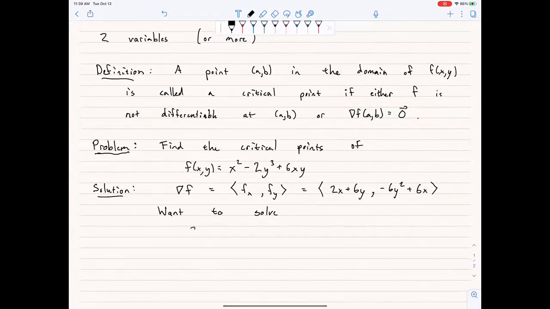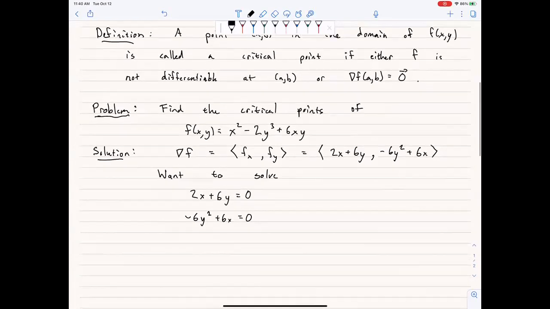So we need to solve 2 equations simultaneously. And I'll just write them out. So I'm going to find a pair of numbers, x and y, that satisfy both of these equations.